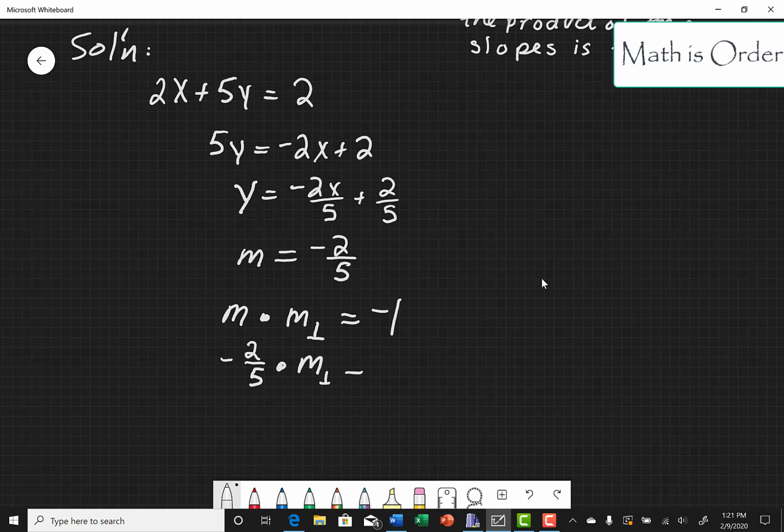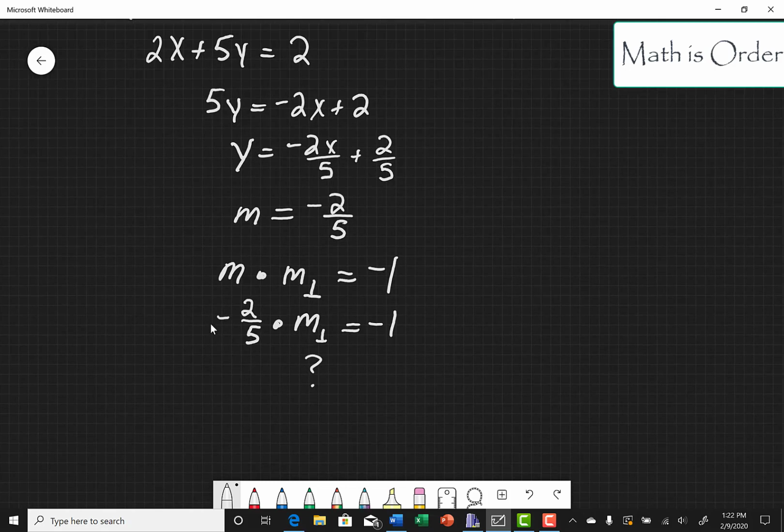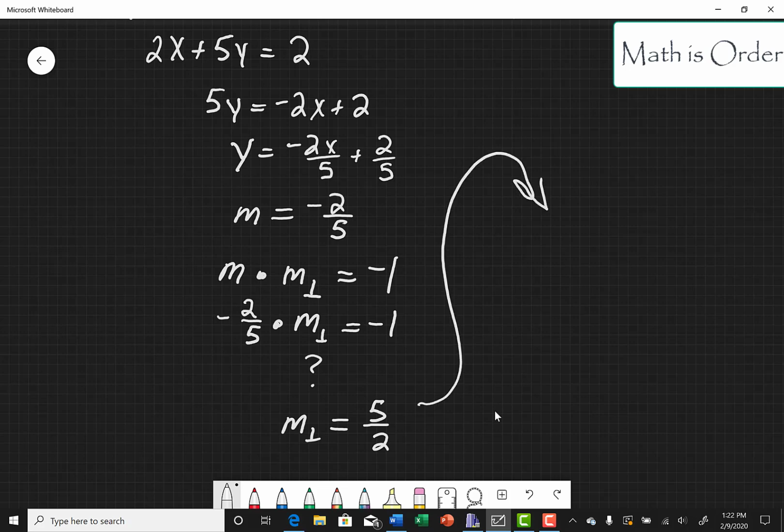In other words, what is m perpendicular? In order for us to have a product of -1, we see that m perpendicular must be 5/2. Now that we know what m perpendicular is, let's finish this problem.